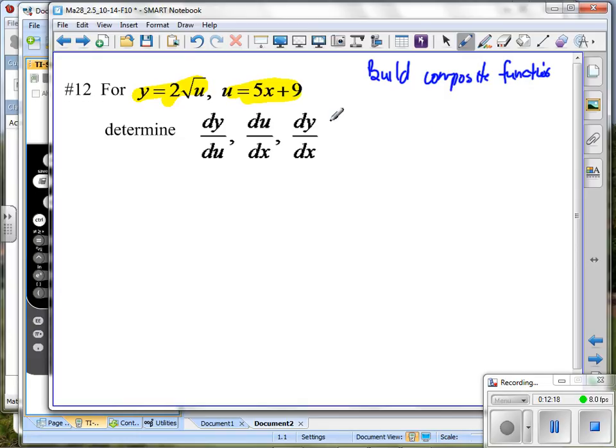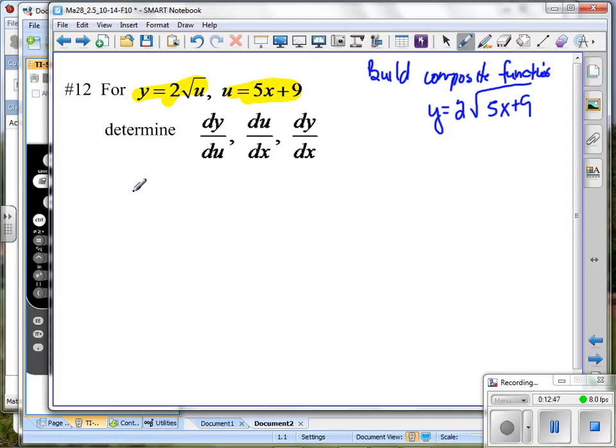Nick, what do you see there? Yeah, because the u is the input. Here I only have the value u, and so if I have an expression, we could say this is 2 times the square root of 5x plus 9. That would be my composite function, because I can replace this u with the expression 5x plus 9.